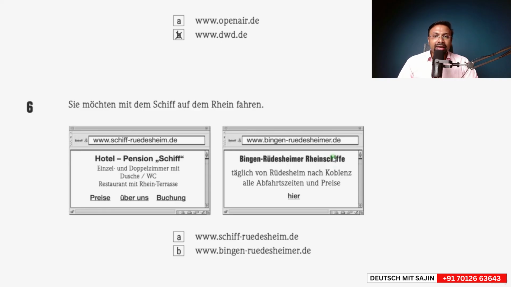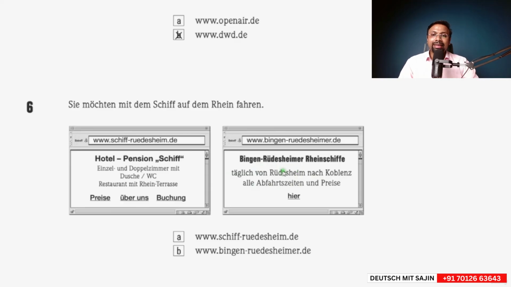Rheinschiffe means Rhine ships. The ship means the ship. And here it is the plural form of Schiffe, the ships. It is a word composition here. Rheinschiffe. Täglich von Rudolfsheim nach Koblenz alle Abfahrtzeiten und Preise.